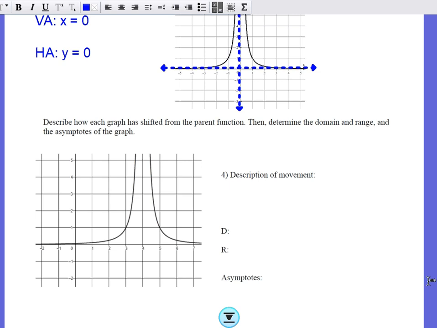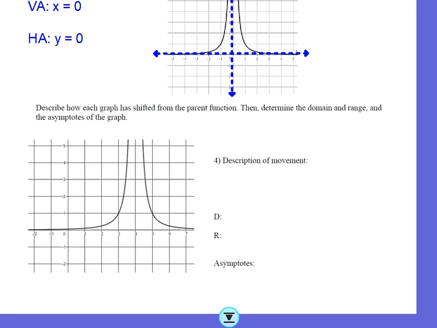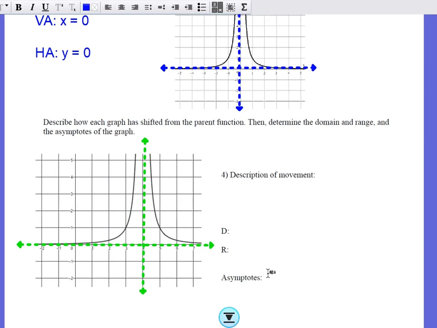And then if we look at number 4, same directions, we want to know the shifts, the domain and range, and the asymptotes. So I am going to go ahead and put in my asymptotes that have been changed from my parent function. So we can see here that specifically the vertical asymptote has changed to x equals 4.